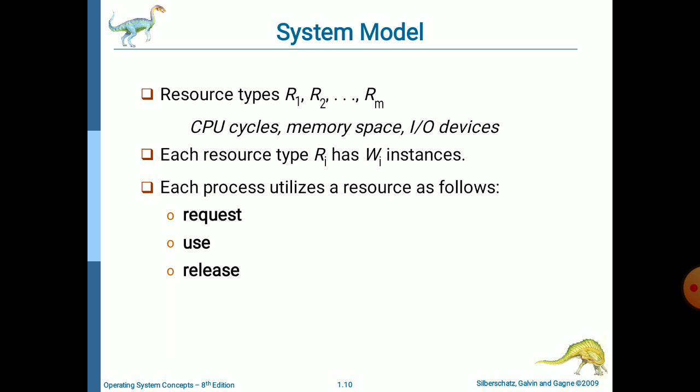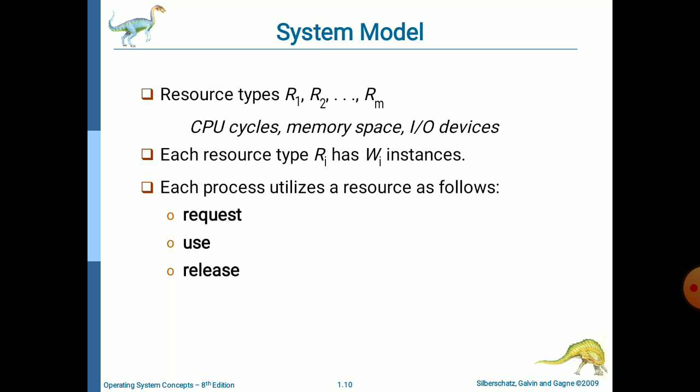Now consider the system model. The system model has 3 points. The first point is each computer resource is represented as R1, R2, R3, up to Rm. Let us consider there are m resources, then they are called R1, R2, R3, R4, Rm.